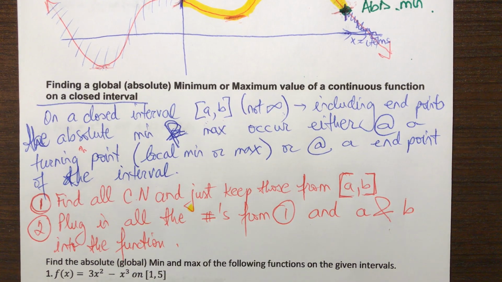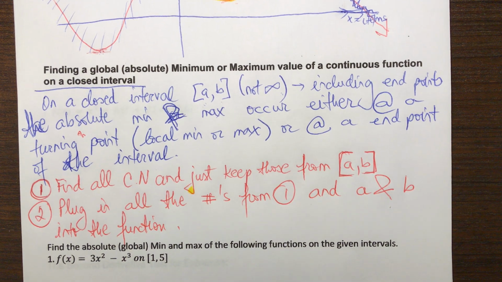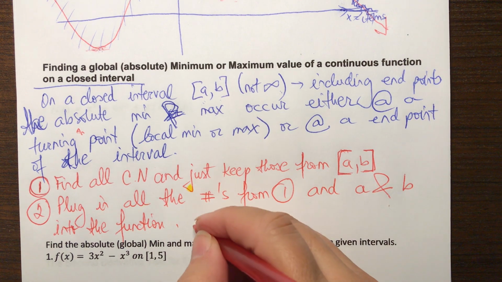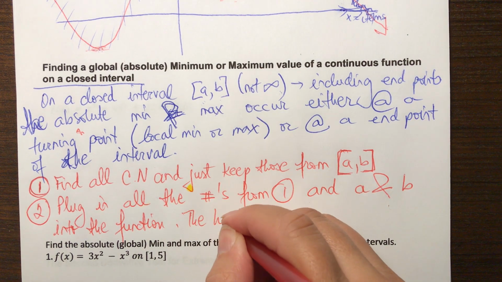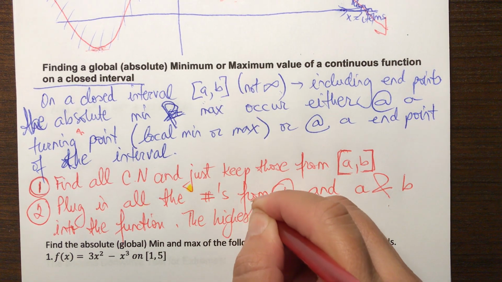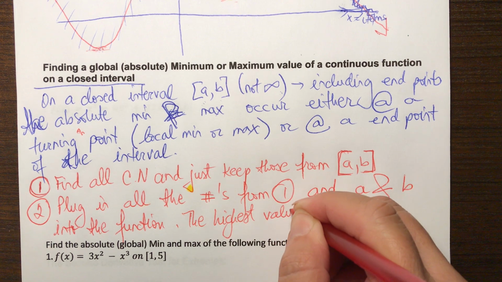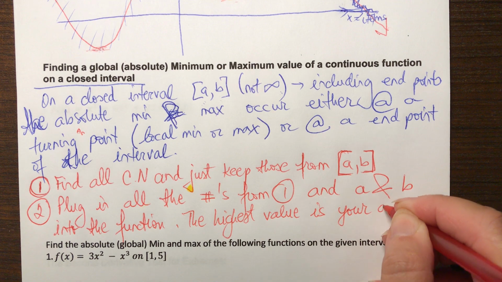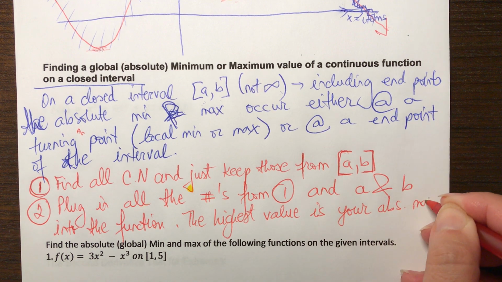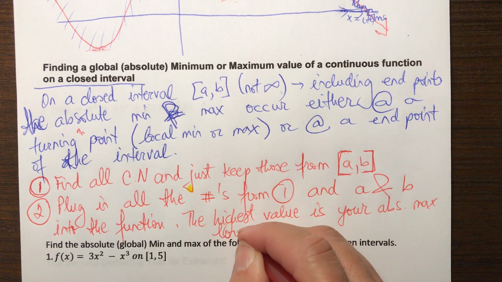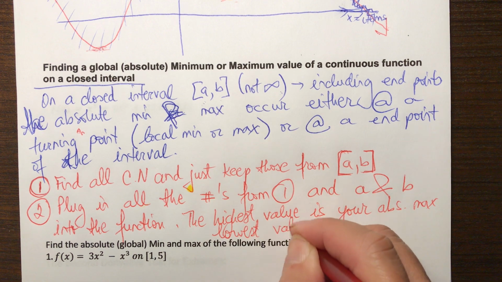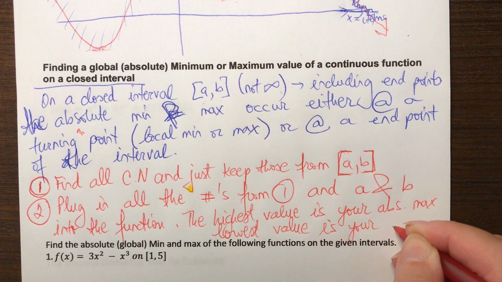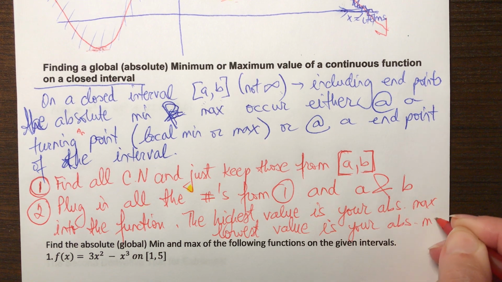Okay? And then what? As I just said, the highest value is your max. The lowest value is your absolute min. That's it.